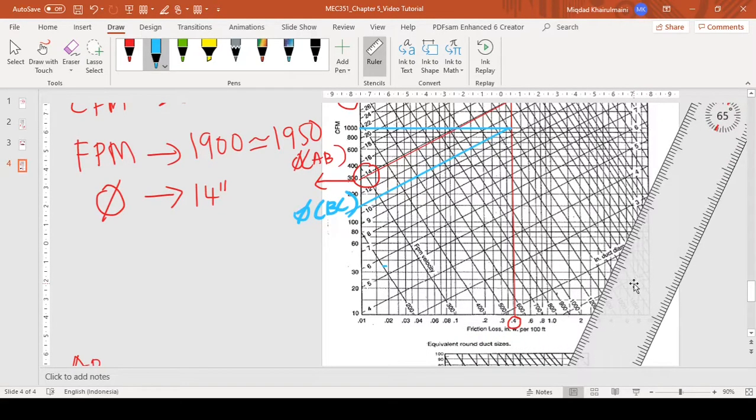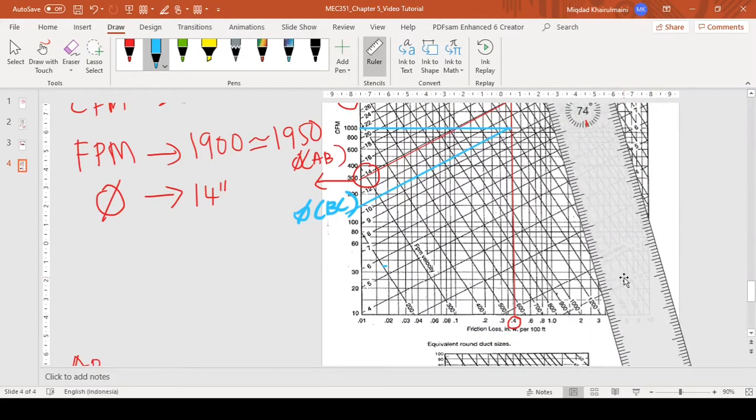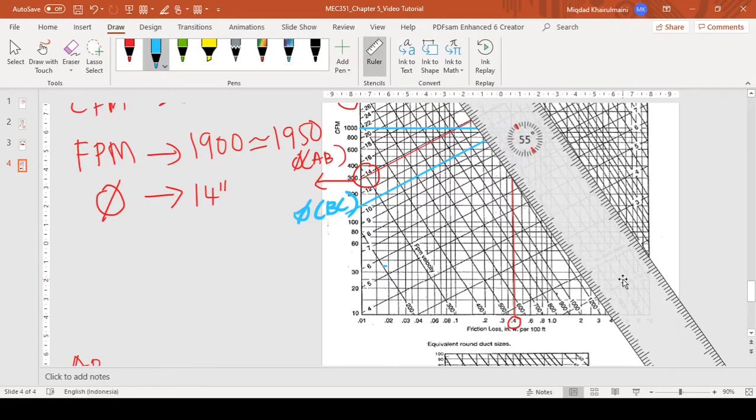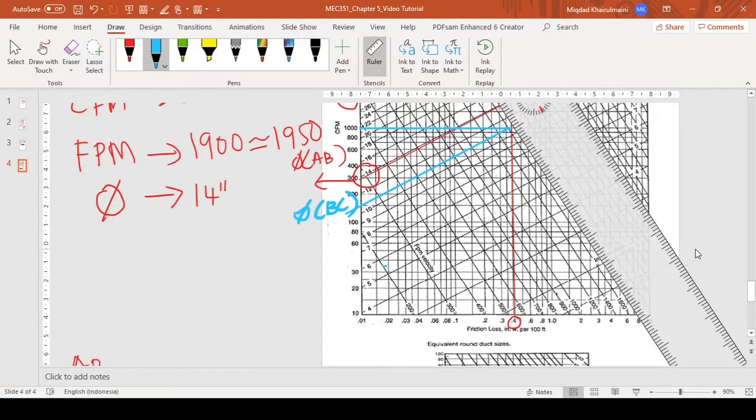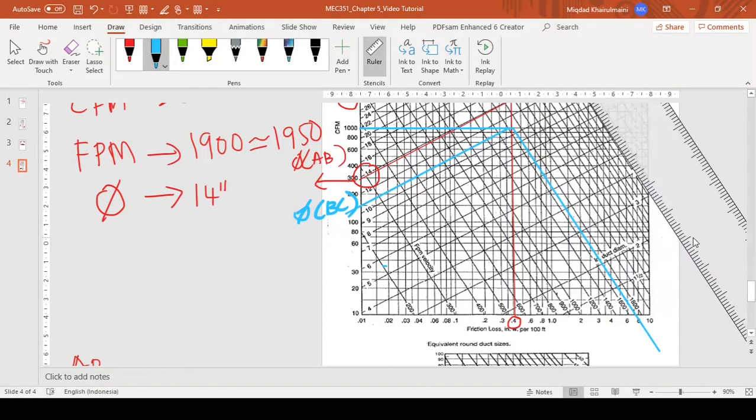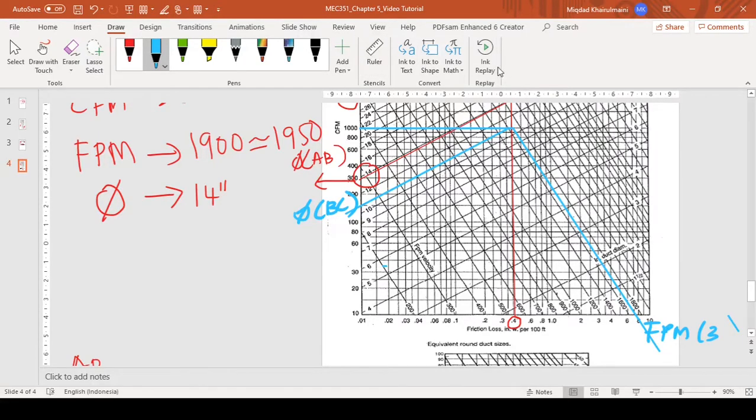So for FPM, we draw the diagonal line also here on the right hand side, a straight line. Alright, so we can get the FPM here for BC. Okay, let me remove the ruler. Diagonal line here for BC.